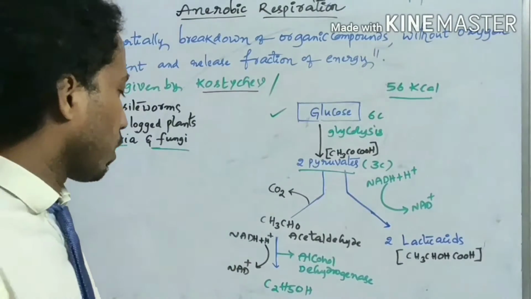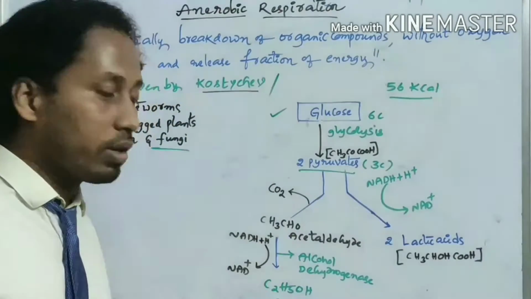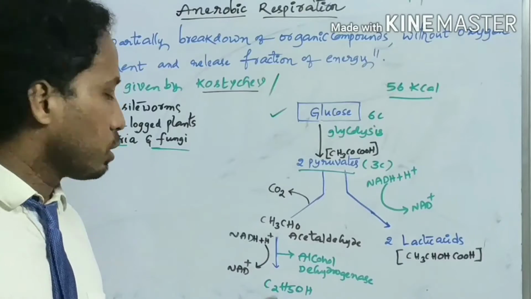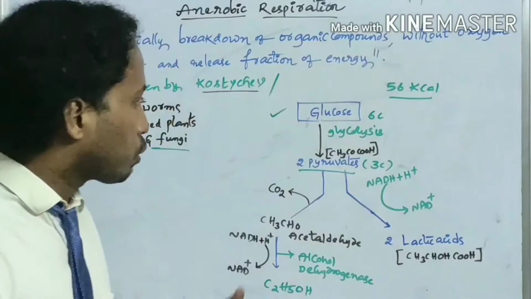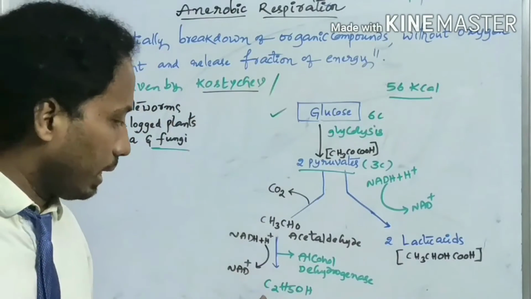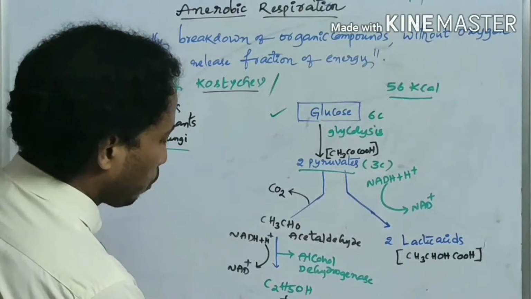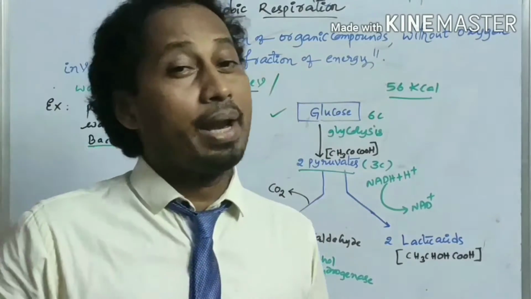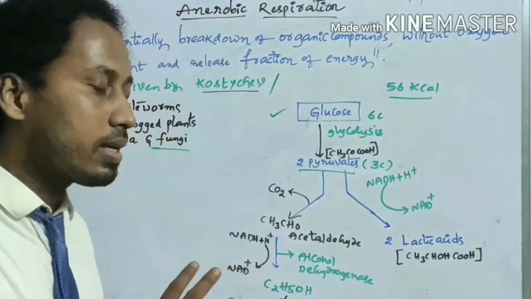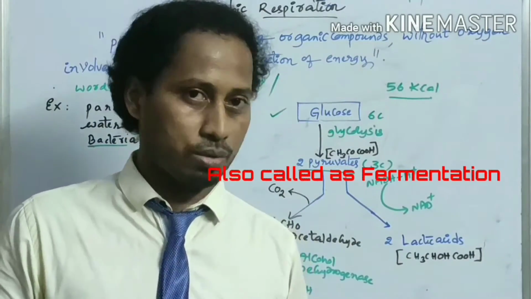The H plus is provided by NADH plus H plus. So glucose is converted into alcohol as the byproduct, along with 2 ATP. The entire process is anaerobic respiration. In another way, we can call it fermentation also.